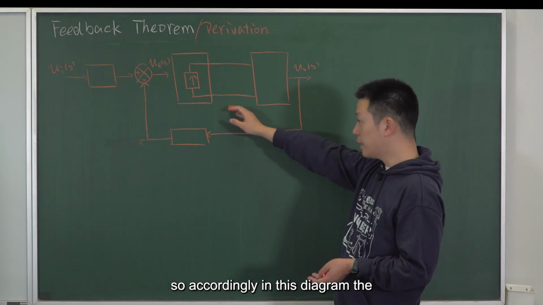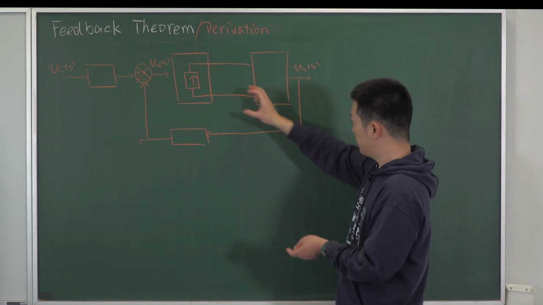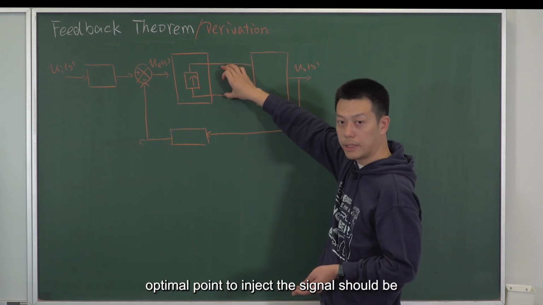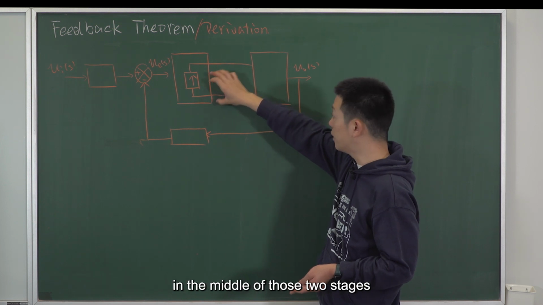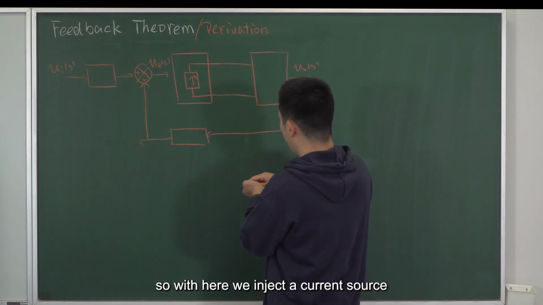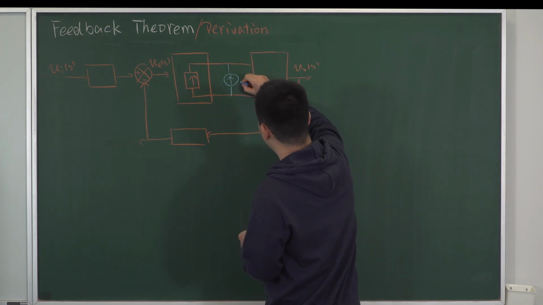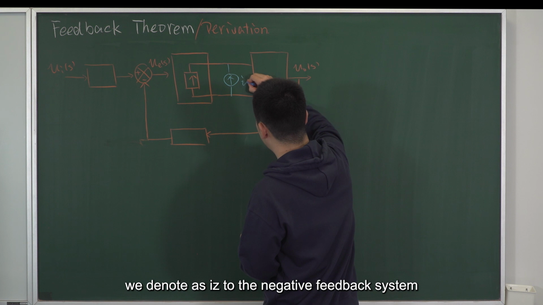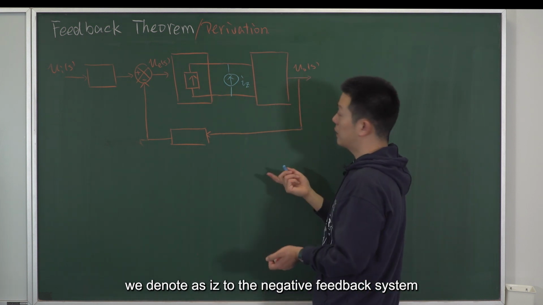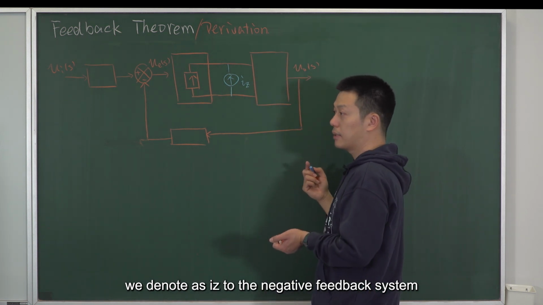So accordingly, in this diagram, the optimal point to inject the signal should be in the middle of those two stages. So here we inject a current source, which we denote as IZ, to the negative feedback system.